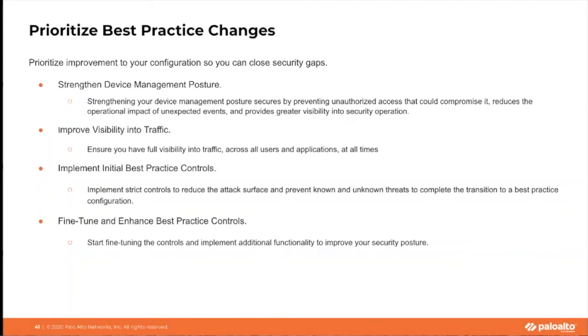You can strengthen device posture by preventing unauthorized access that could compromise it. Follow the best practices for securing administrative access. Forward all system and configuration logs to the Panorama, CDL. Create a configuration backup schedule, and then run this report again.